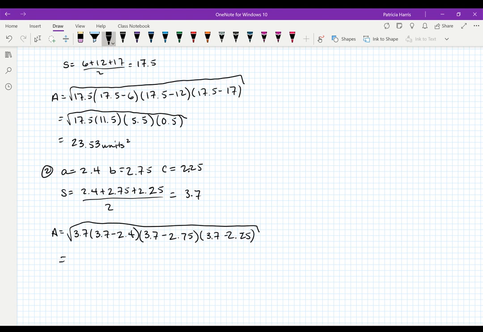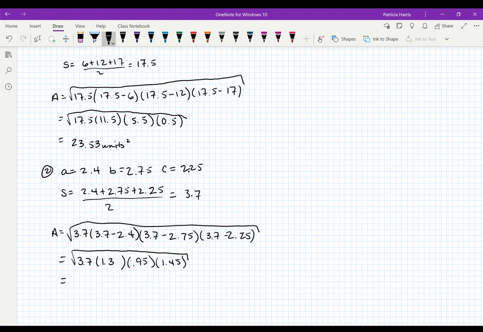Now, depending on your calculator, you could technically type this whole thing in, just as long as you're careful. I am not that careful, so I'm going to do a little scratch work beforehand.